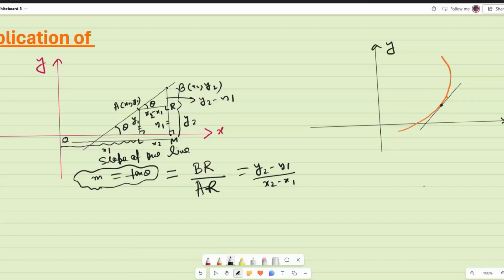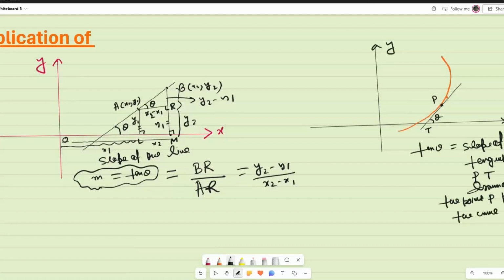Suppose they are intersecting at this point. This angle theta, if you have drawn a perpendicular, if you have drawn a tangent, then this tan theta is equal to the slope of tangent PT drawn at the point P to the curve.